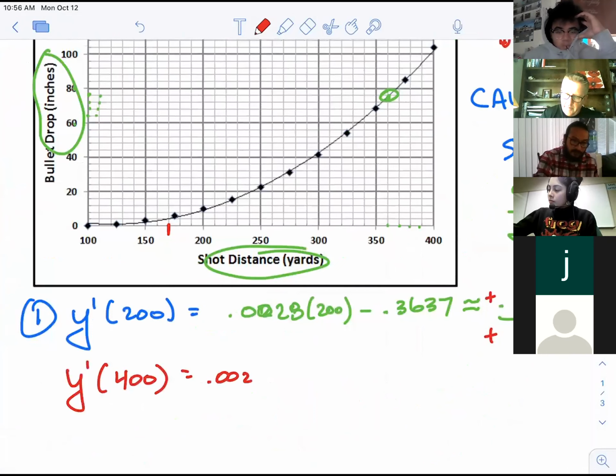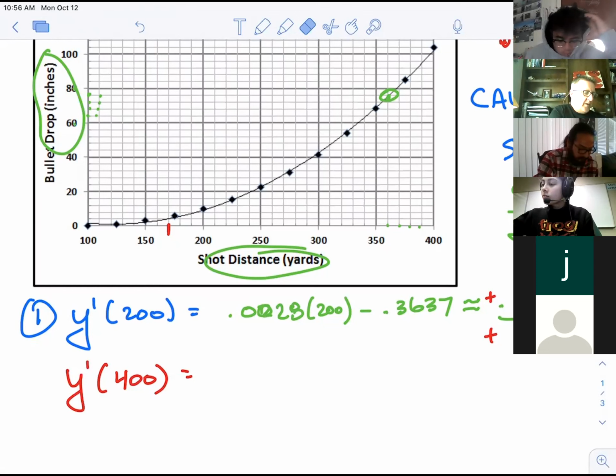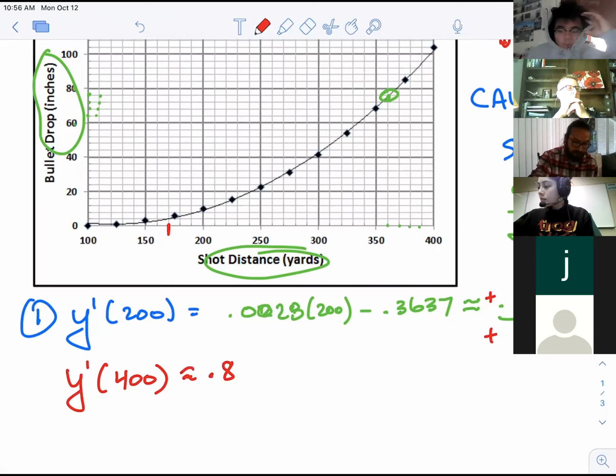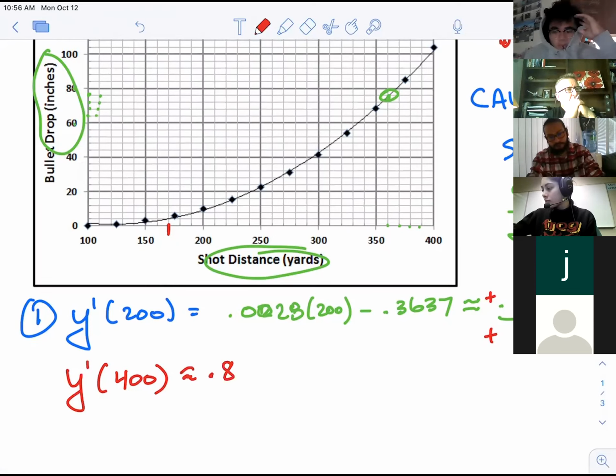I don't need to write all that in again, just plug in 400 instead. So I'm going to bust out my calculator in the interest of time and change the 200 to 400, and I got 0.756. Just to round it off, more like 0.8. Whoa, 0.8.